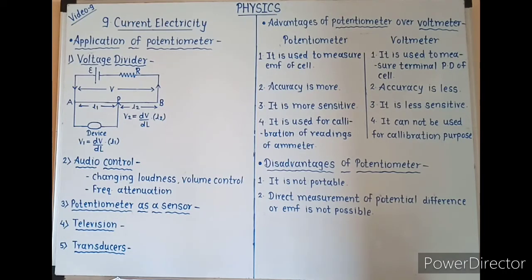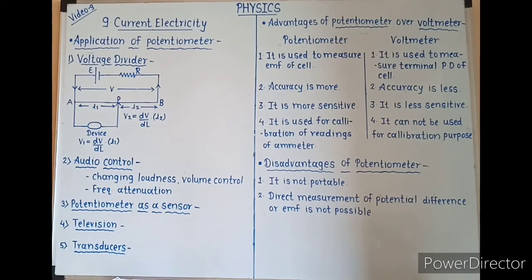The third point is that it is more sensitive. As accuracy is more, sensitivity is also more. Hence the potentiometer is more sensitive than the voltmeter.